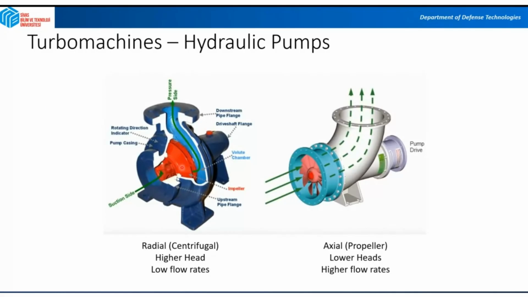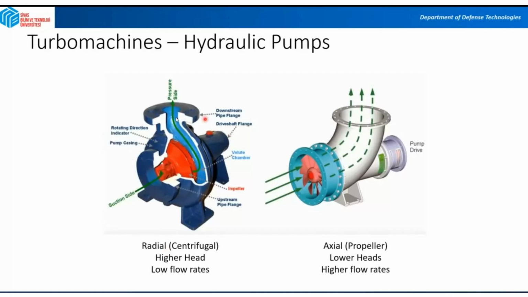So this is rotating, and by rotation, it sucks the fluid inside. So water or whatever liquid goes inside. That's why we call it a hydraulic pump. And then it shoots the liquid or water at a 90 degree angle to the entrance. So that's why we call it radial.